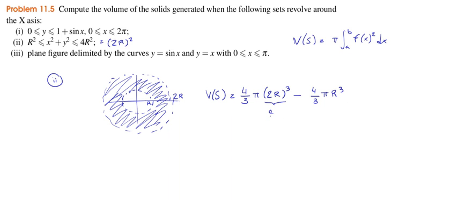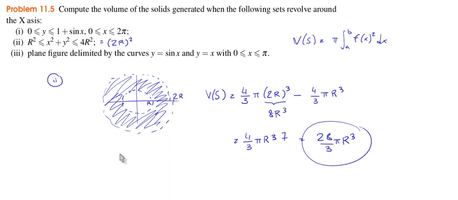Now (2r) cubed is 8r cubed. So you have 4/3 of pi r cubed times 8 minus 1, so times 7. So this is 28 over 3 times pi r cubed. That's the volume of this hollow sphere.